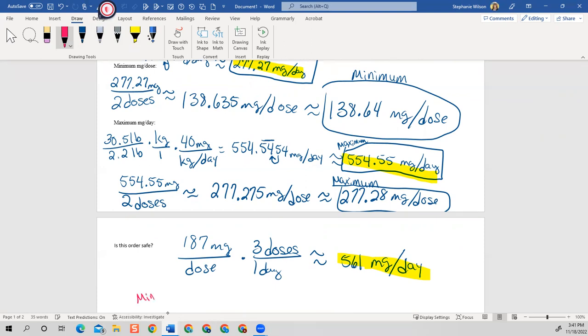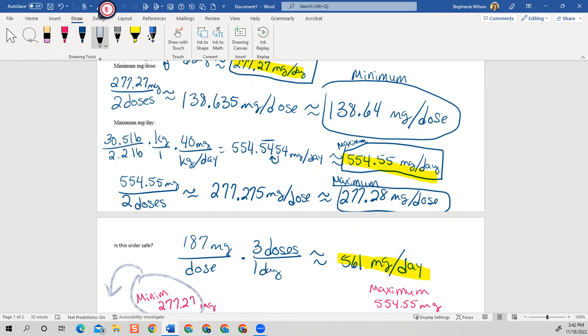We have a minimum of 277.27 milligrams per day and a maximum of 554.55 milligrams per day. If the order is less than the minimum, then it's not effective, so it won't be safe.